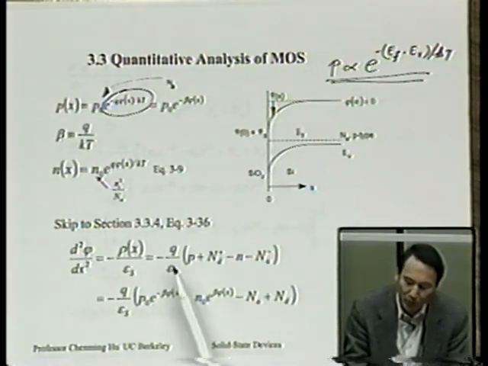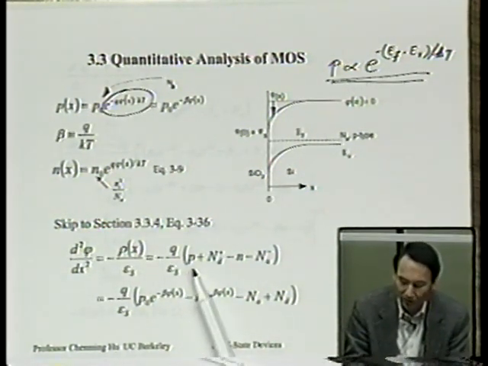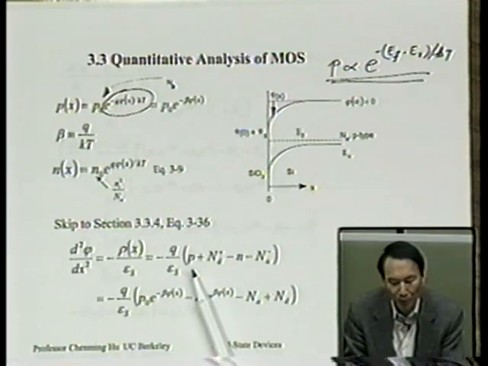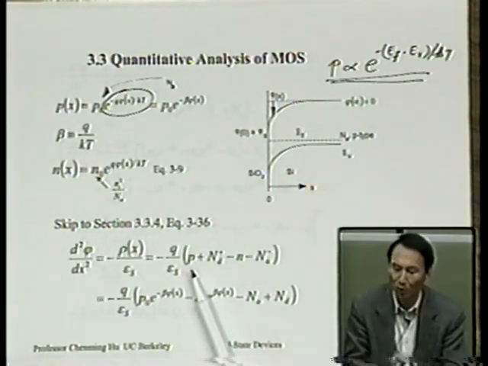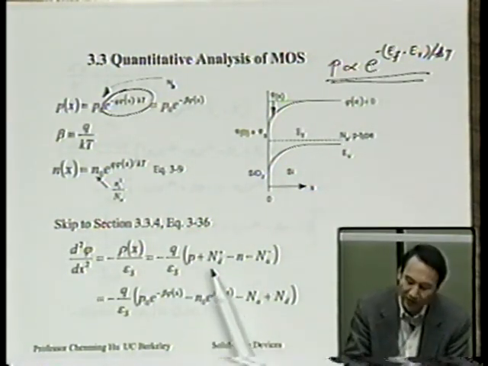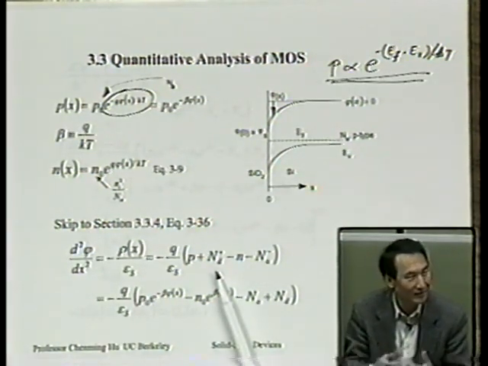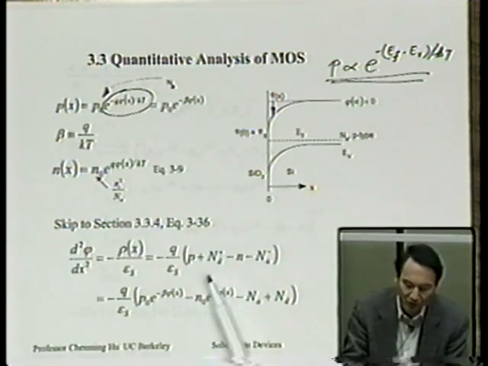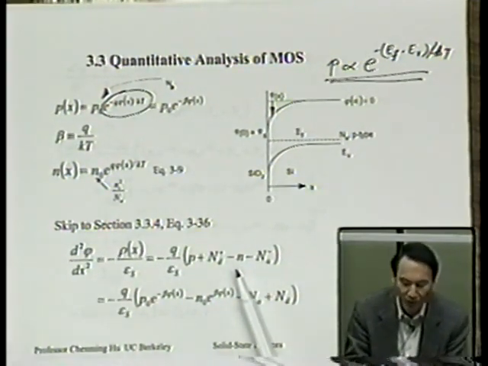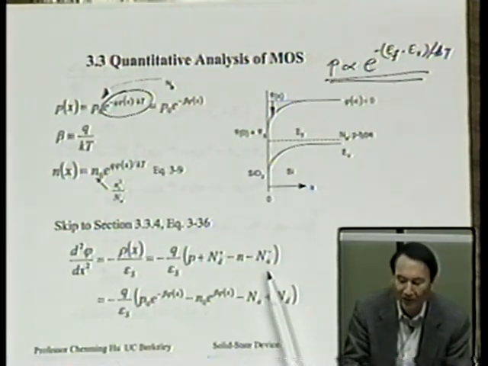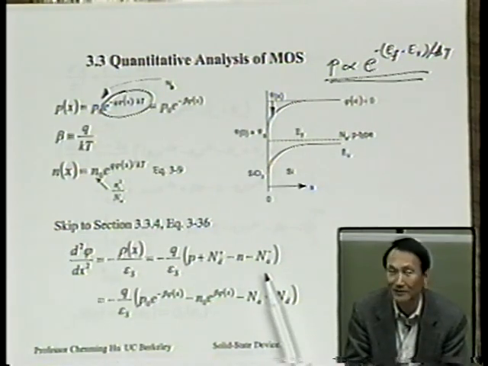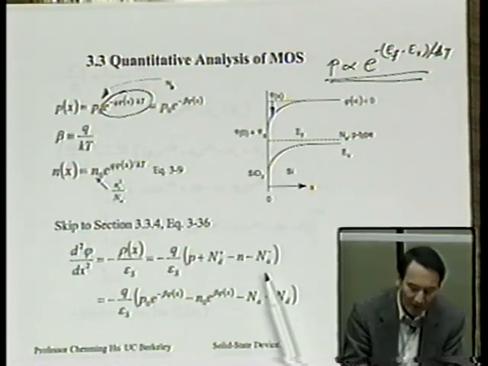Rho is always equal to minus q times the hole concentration, holes carry positive charge, plus the ionized donor density, right? When donors ionize, they carry positive charge, minus the electron concentration, electrons carry negative charge, and minus the ionized acceptor concentration, right?